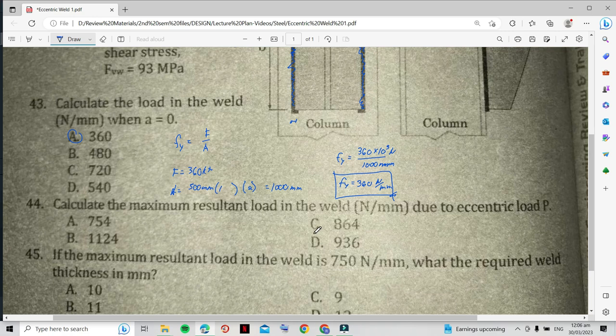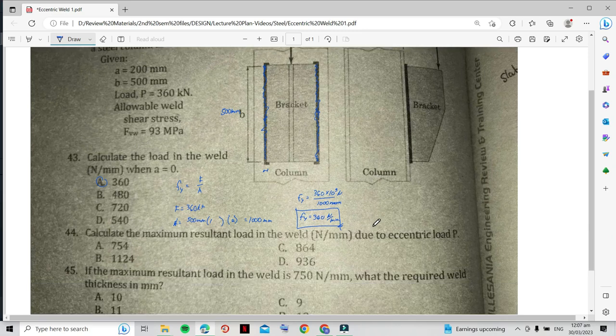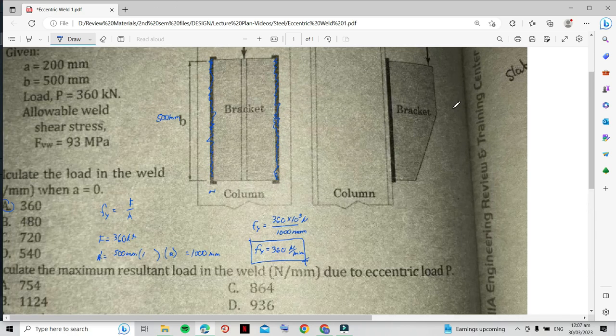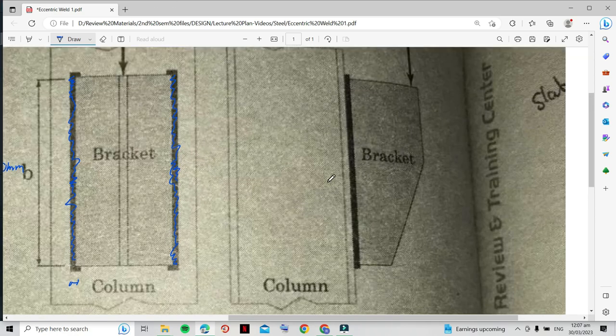Find the maximum resultant load in the weld due to eccentric load P, in Newton per mm. It's not really a resultant load, it should be resultant stress. In theory, the maximum resultant force is at the farthest point from the centroid.